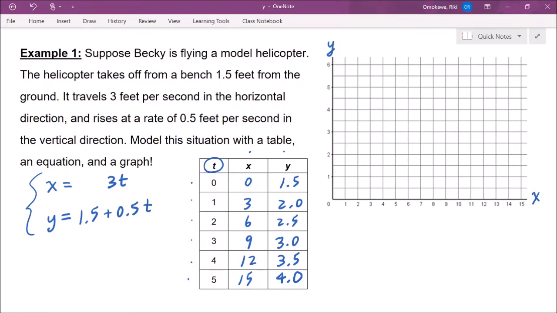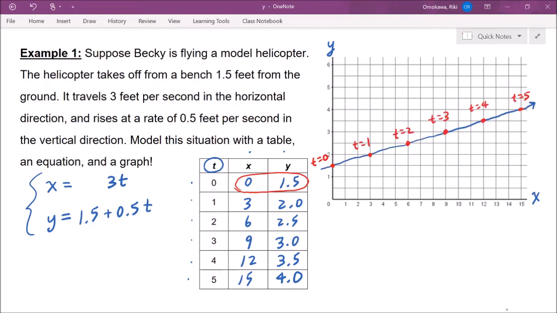And remember how to graph these points. For each time, we have an x and y position, as in a point on the graph. So at t equals 0, 0, 1.5. And again, I'm going to label the times. So this is the position at t equals 0. And then if you do that for all the points, you should get the following graph.